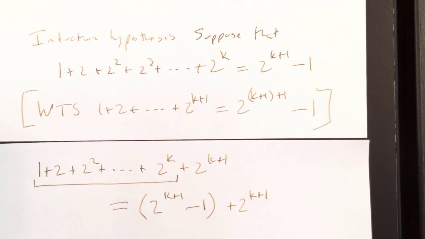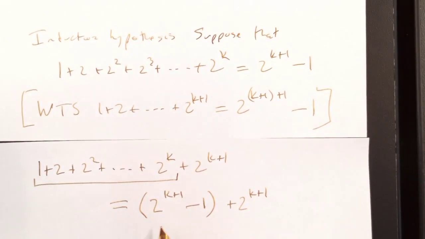How is that helpful? You can simplify it to being 2 times 2 to the k plus 1 minus 1.